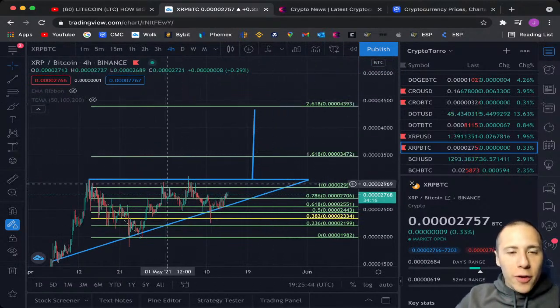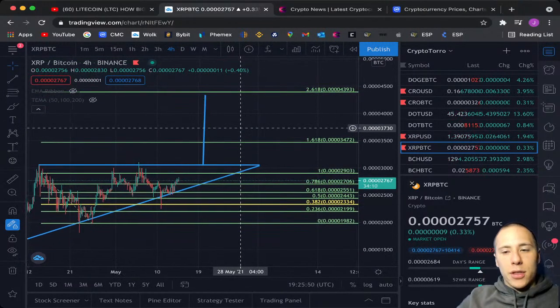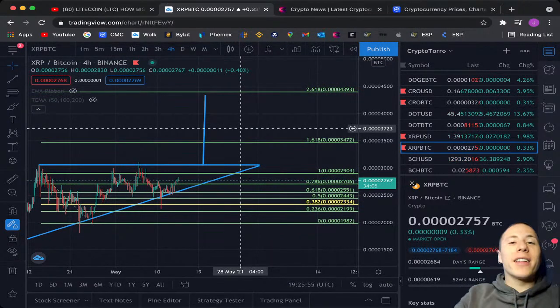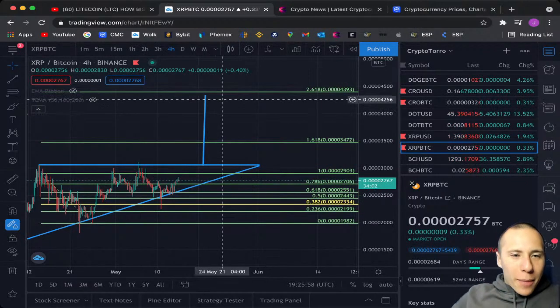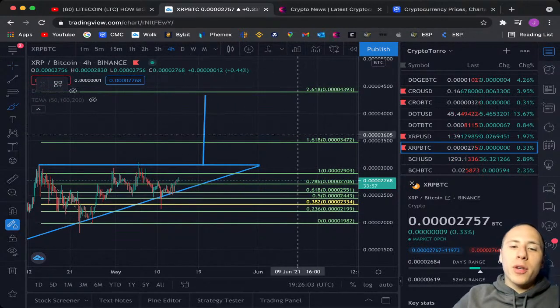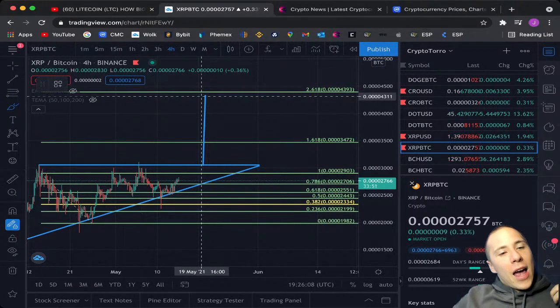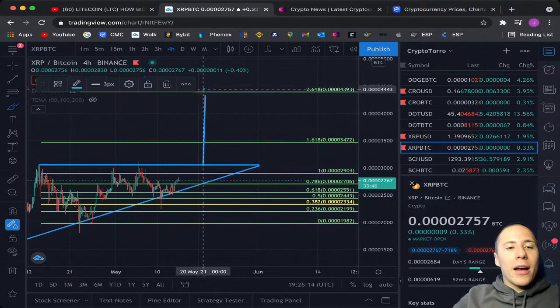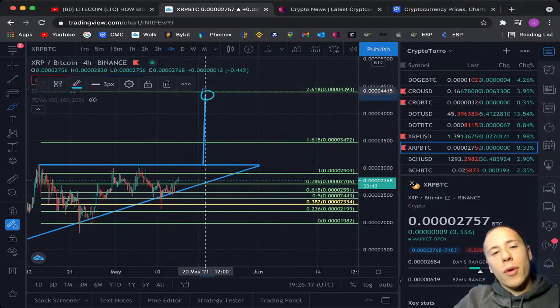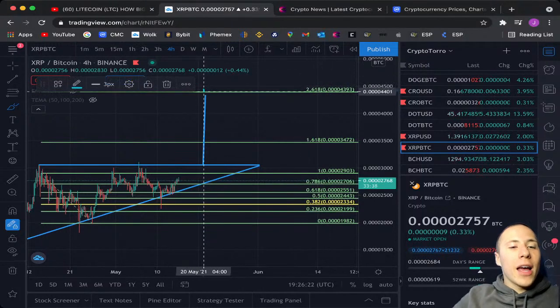And what you are seeing right over here is actually very important, because if this move happens, and I think it's not a matter of if, but when this move will happen, I'm waiting patiently and seeing that XRP will go through the level of 1.618 Fibonacci, and I personally think that if the move is exponential towards the upside, we will see XRP trading right below the 2.618 Fibonacci level, or maybe even above and finding support on it.